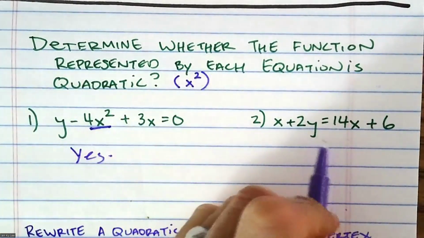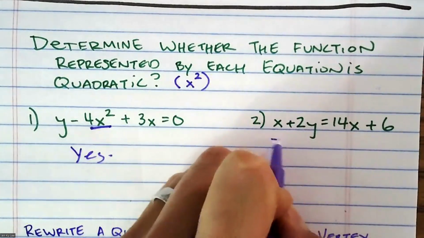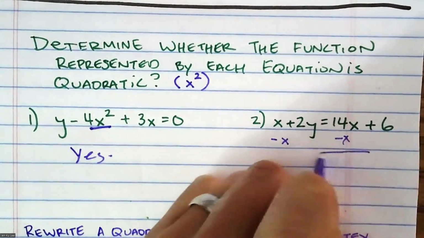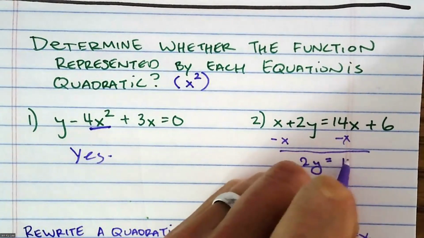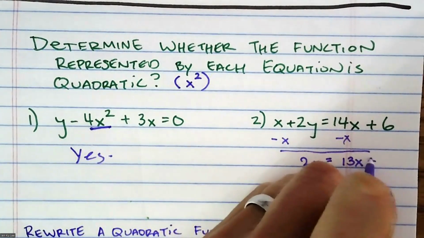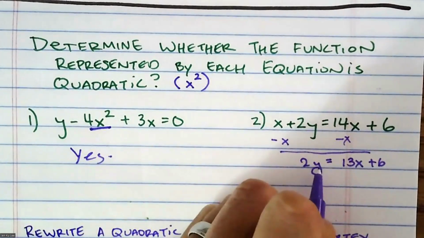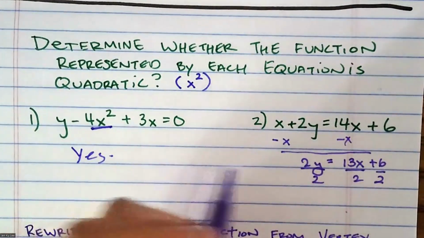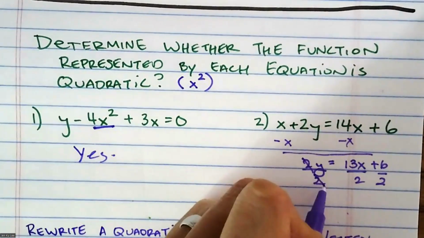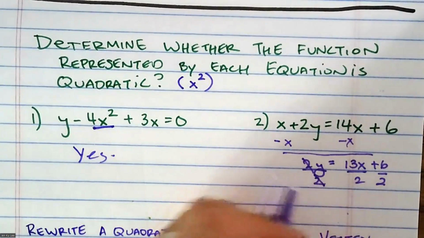This one, if you simplify this, I'm going to subtract x. I'm going to gather the like terms. 2y equals, what is that? 13x plus 6. And then you can also divide it by 2. Remember, if you divide it by 2, the dividing by 2 goes to every term.